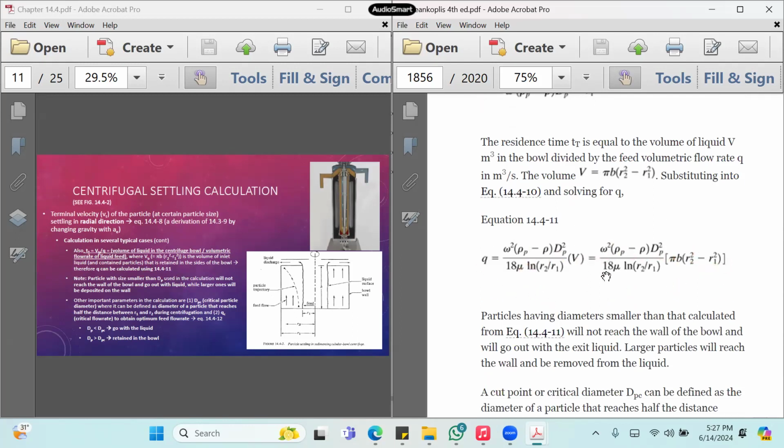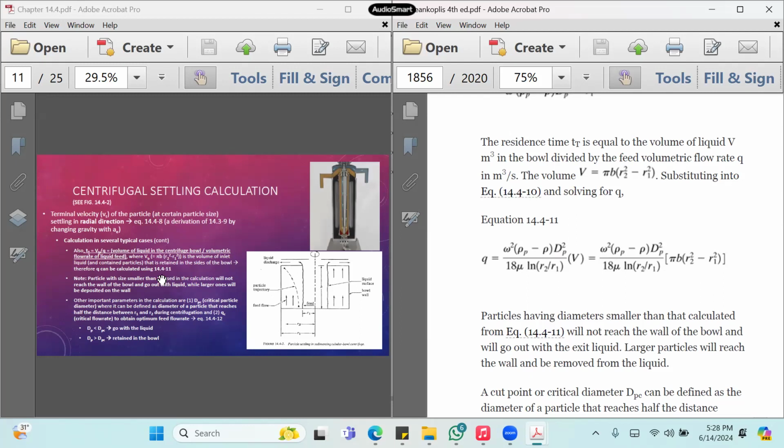Please take note that for particles with size smaller than dP, if you still remember, when I talked about settling and sedimentation, the solid-liquid separation, when we talk about the diameter of the solid, in real life dP is not a single value. dP is always in a range, usually plus or minus some amount.